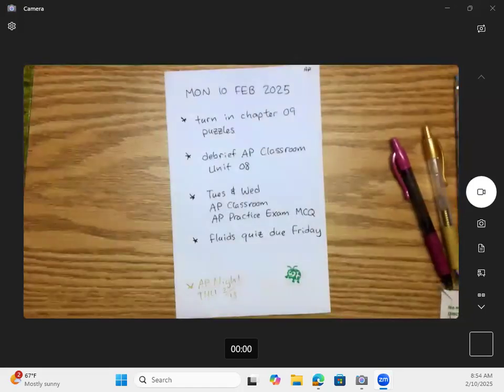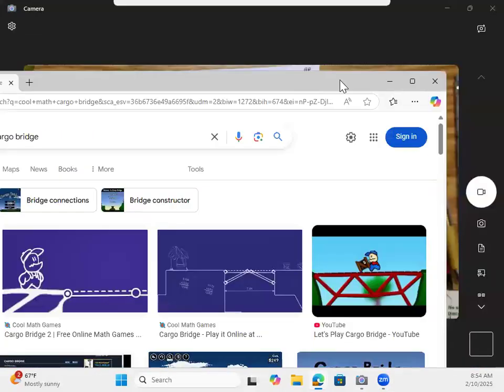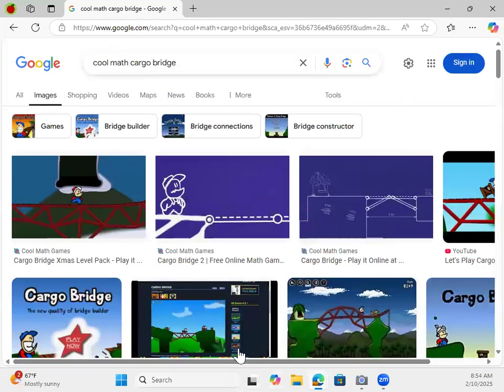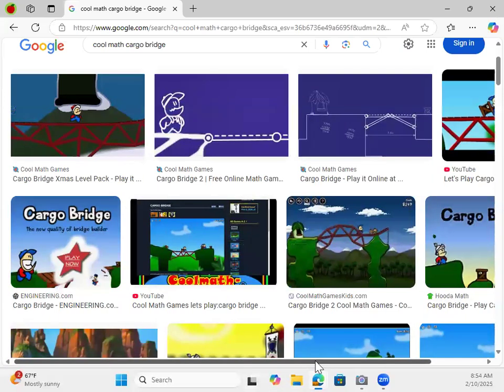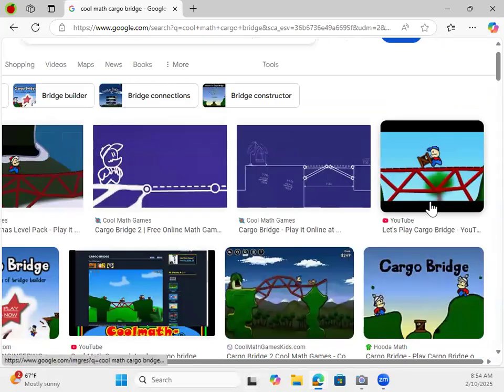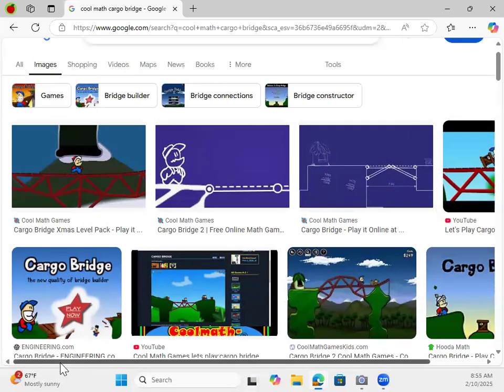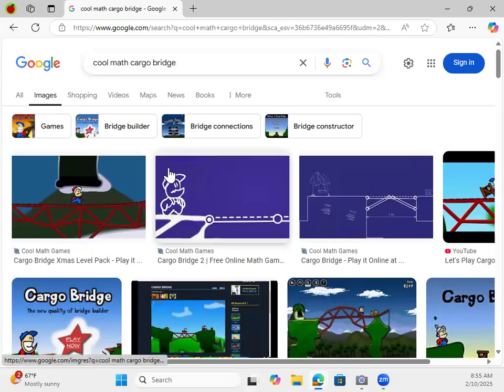One more quick thing. This is where especially all my classes are going to start to be split. My other classes, just to fill you in, have been building bridges with toothpicks. It's a good activity, but you have to start reviewing for AP exams. One of my other students told me about this program called Cool Math Cargo Bridge.